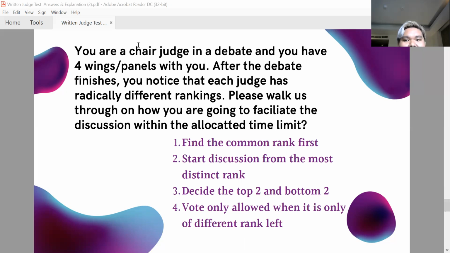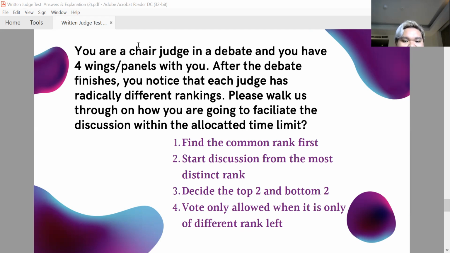And after you already have that, probably the easiest way you could continue the discussion is by deciding the top two and the bottom two of the teams, so you already have a clear comparison. For example, it's a closing bench win or opening bench win, or long diagonal or whatever.